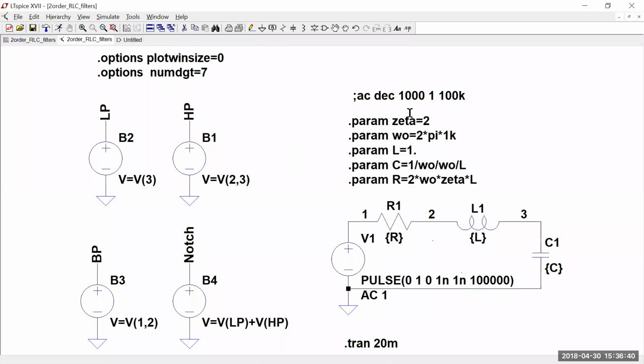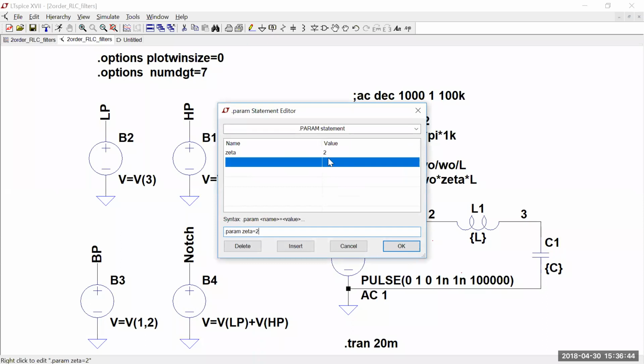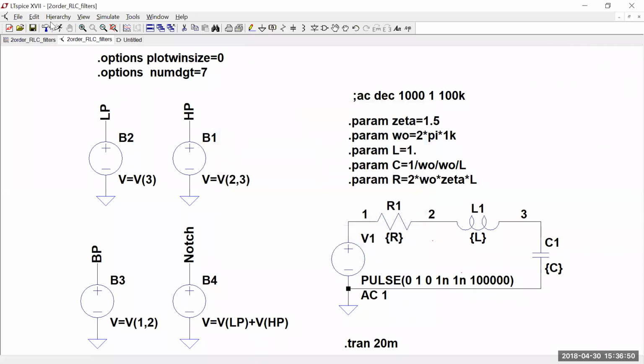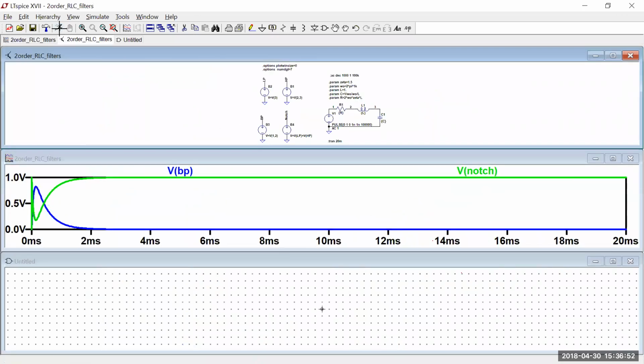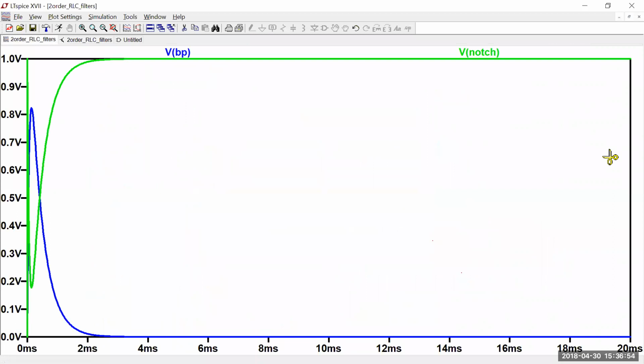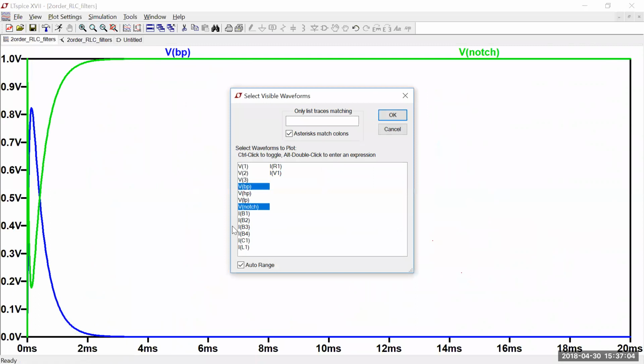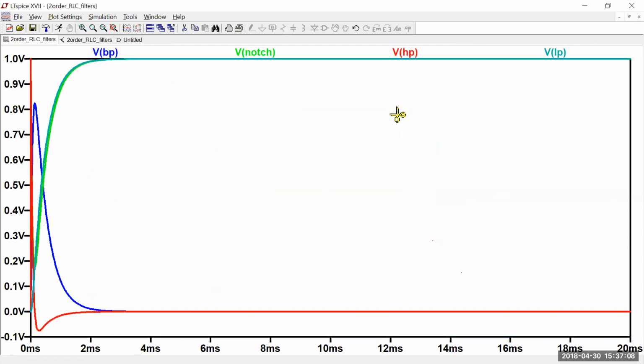But remember, like what I said, a damping coefficient of 1. What about 1.5, right? Okay, it's still not, oh wait, where's the high? I need to see the high. Well, we'll just see everybody.